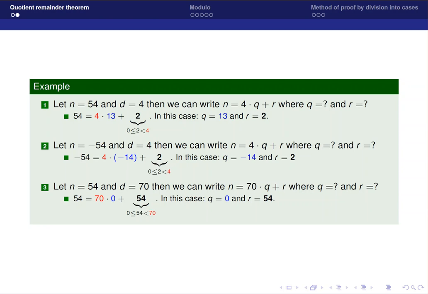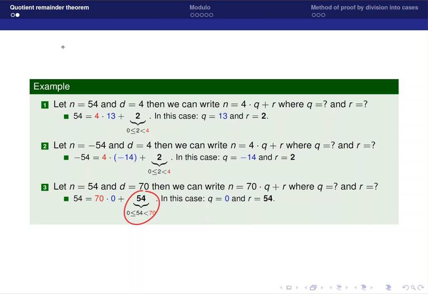So the quotient is going to be 0, and the remainder is 54. Keep in mind, the remainder is a number between 0, possibly equal to 0, and the divisor. In this case, the divisor was 70, so 54 is a number between 0 and 70, so the theorem still holds. This is an important theorem, so it's a good idea to try to memorize the statement of the theorem.